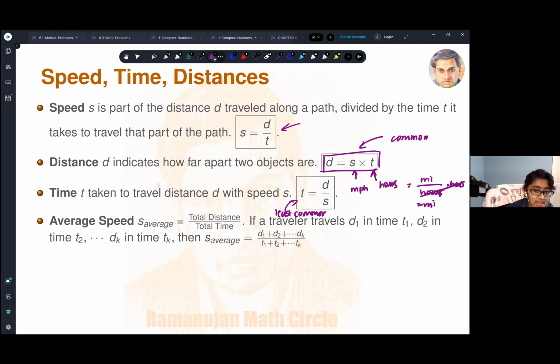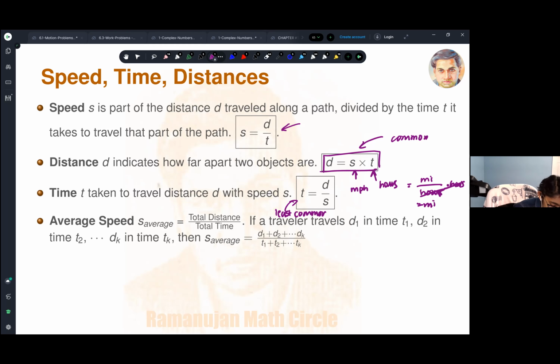There's something called an average speed, and average speed is the total distance divided by the total time. So if, for example, a traveler travels d1 distance in t1 time, d2 in t2 time, and so on till dk in tk time, the average speed is represented by the sum of all the distances divided by the sum of all the times.